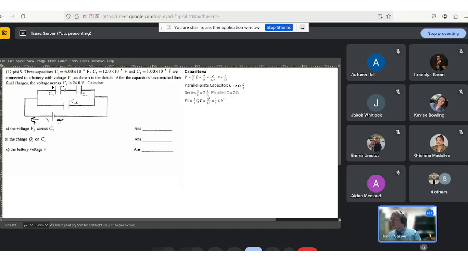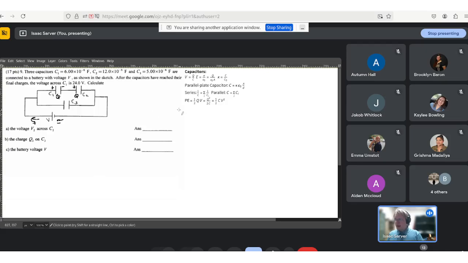And so these minus charges actually came from this side over here, which means that two capacitors in series like this will have the same Q on both of them. The Q that ended up on this one had to come from this one here, and the Q that's on this one had to come from the battery.